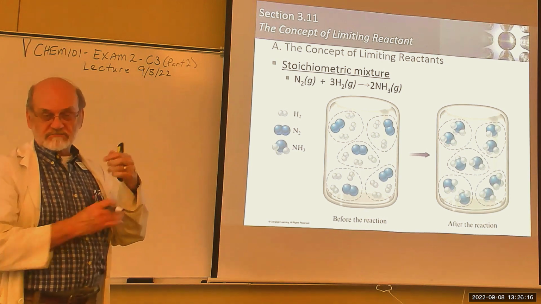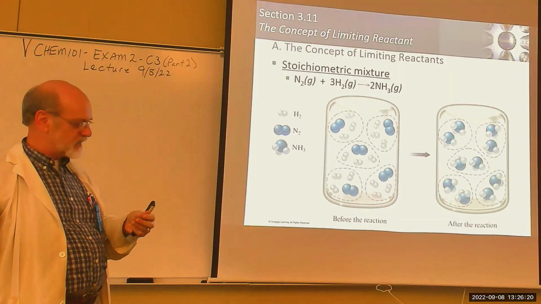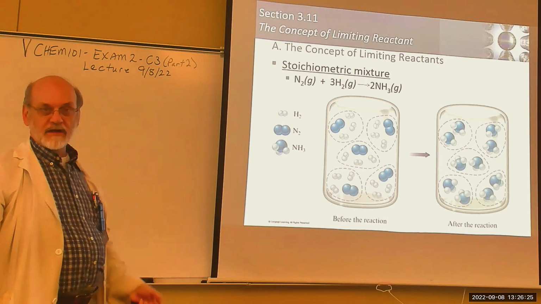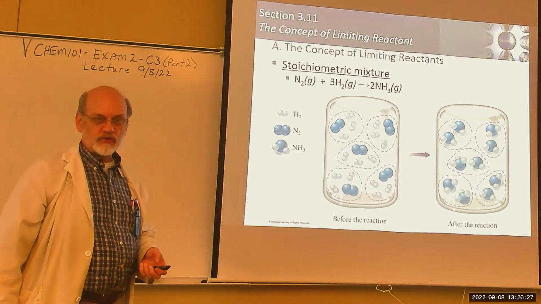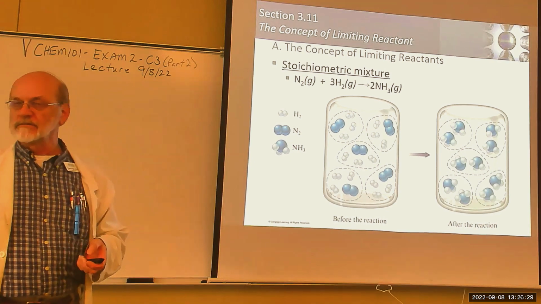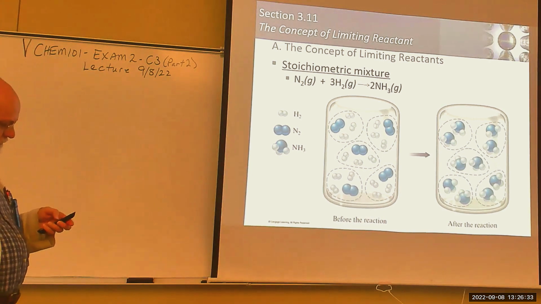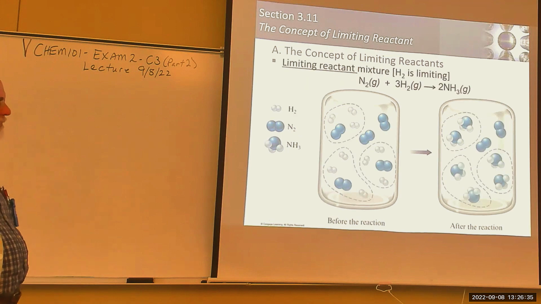Because when you start divvying out by volume or by mass, whatever the case may be, these reactants, experimental error is going to short one of them and excess the other one, usually. So this is our starting point.